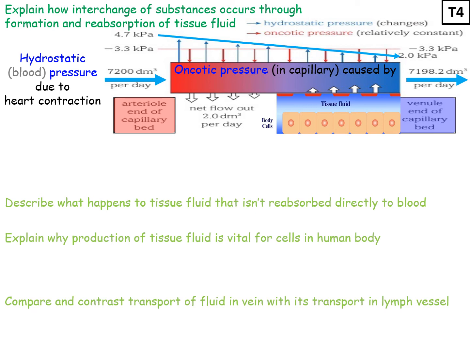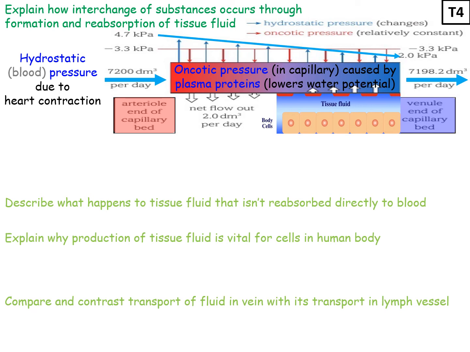There's also an oncotic pressure in the capillaries, and that's caused by the fact that the capillaries contain plasma proteins. Because of these plasma proteins, which dissolve in the liquid of the blood, the water potential of the capillary is lower, and that means there's a higher water potential in the tissue fluid surrounding the body cells.